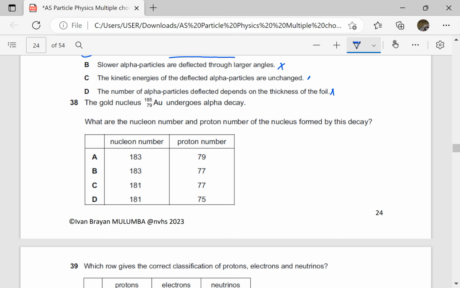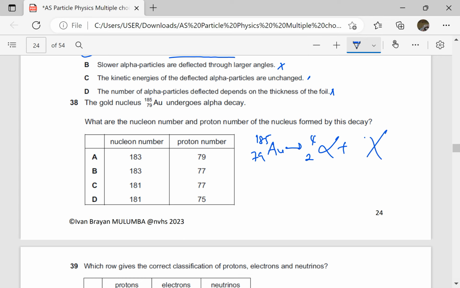The gold nucleus, Au, 197, 79, undergoes alpha decay. What are the nucleon number and proton number of the nucleus formed by this decay? So we have gold-197 undergoing an alpha decay. It emits an alpha particle (4, 2) plus a new nucleus.